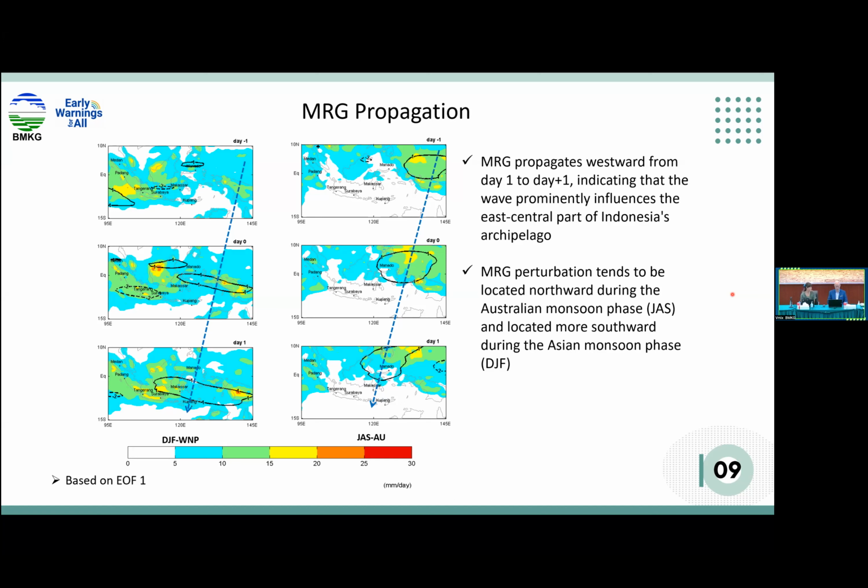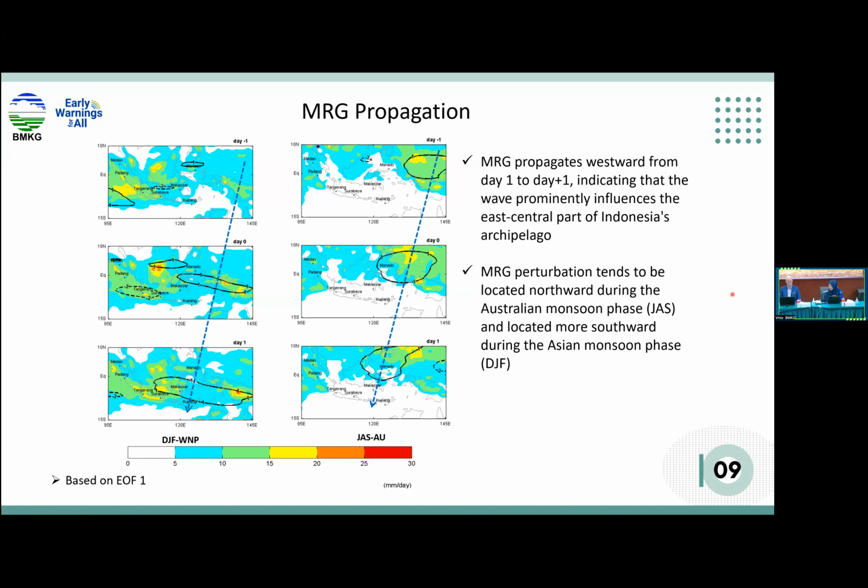Yeah, I think for mixed Rossby-Gravity waves, as we see here from the research results, during the Asian monsoon or the boreal winter, mixed Rossby-Gravity waves still contribute to the positive anomaly of precipitation in Indonesia.